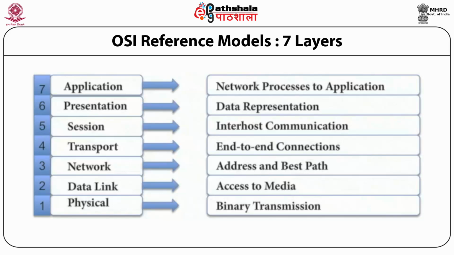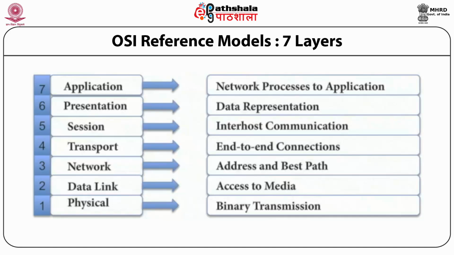After that, presentation, and finally, application layer. To remember this, there is a small phrase: All People Seem To Need Data Processing. All is for application, People for presentation, Seem for session, To for transport, Need for network, Data for data link, and Processing is physical.